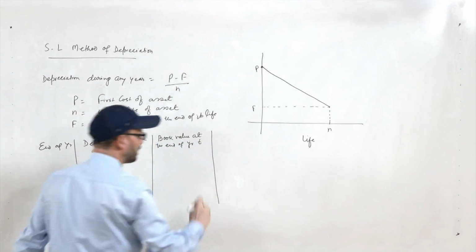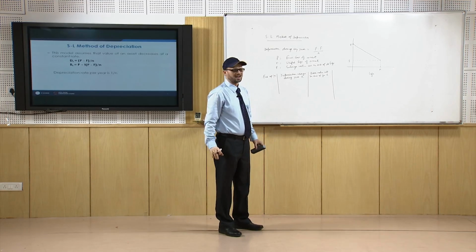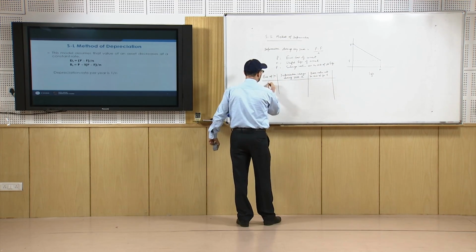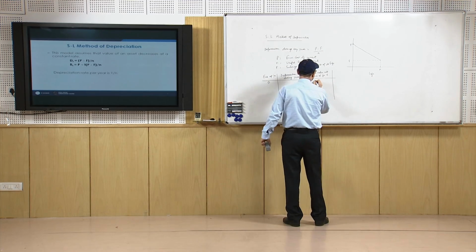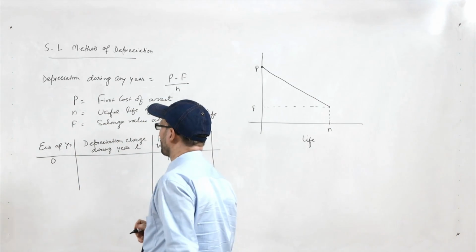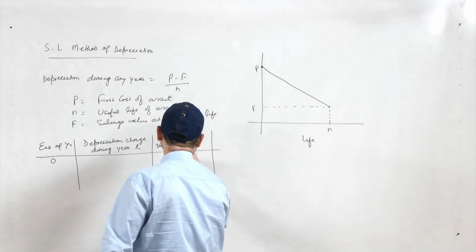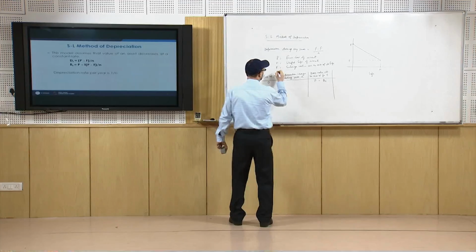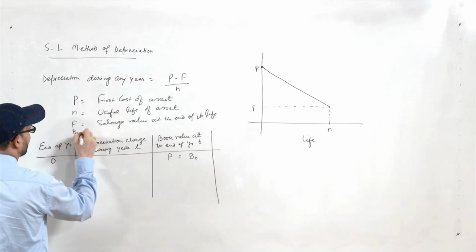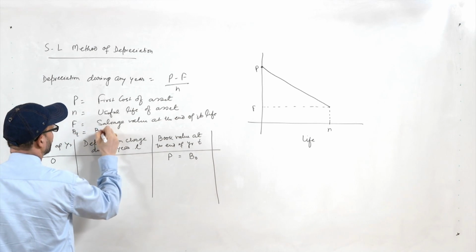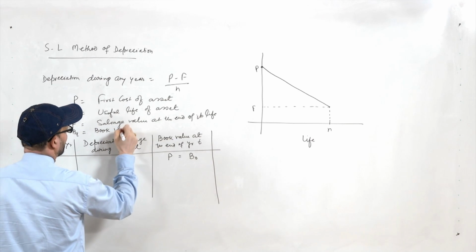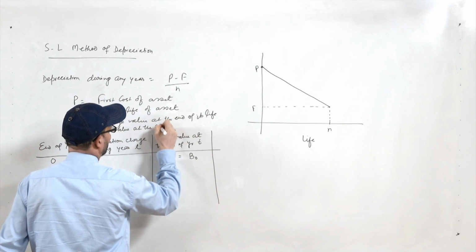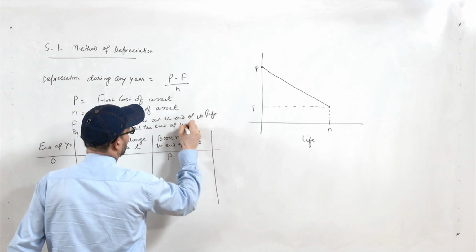So, if we make the table for the straight line method of depreciation, in year 0 the value is P. So, P is nothing but the book value at year 0. We can write B t as nothing but the book value at the end of year t.